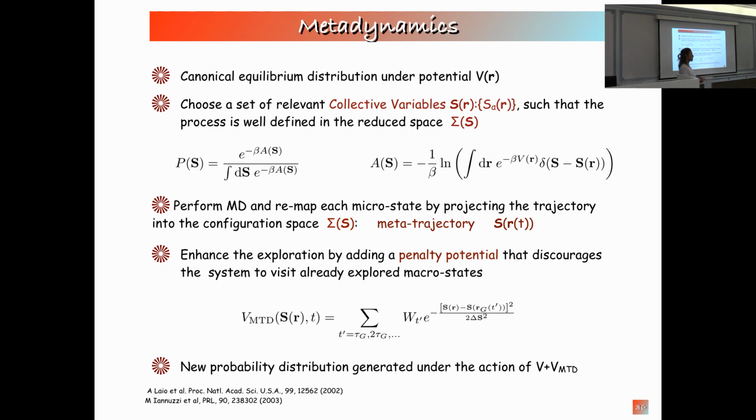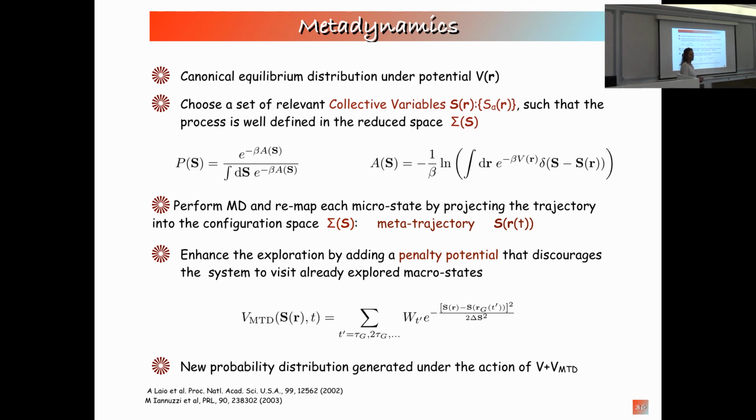So in this subspace, you add a potential that makes it more difficult to repeatedly visit always the same configuration. So if you have already sampled a given region of this lower dimensional space, then you are forced to move to another region by this additional potential. It's like a penalty potential that changes the probability of a region that has already been visited.